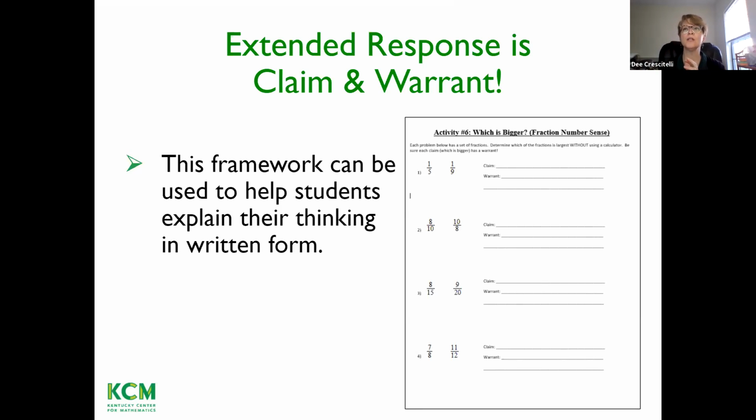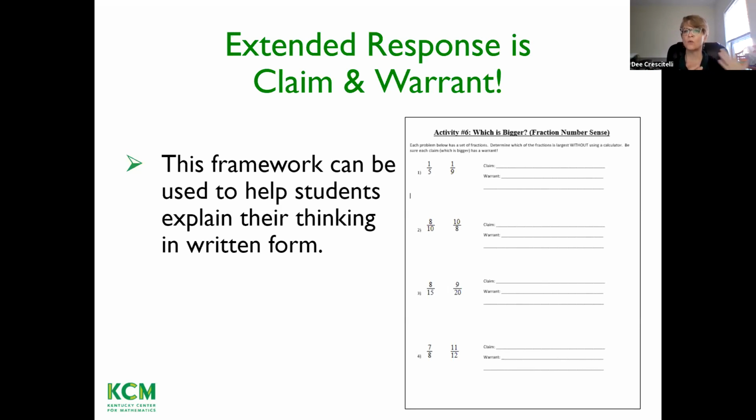So this framework can be used to help students expand their thinking in written form. We ask them to think about math with words. We ask them to write about math in words all the time, except I'm not sure we're giving them enough practice with that. So this framework gives them some practice with that. So you can take 3 or 4 what would be practice problems, right?